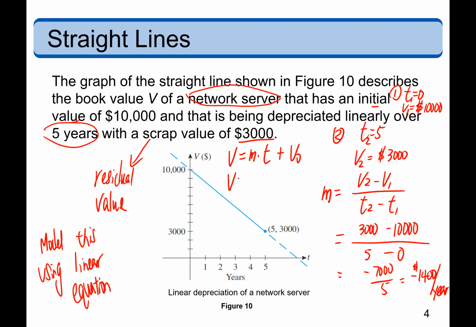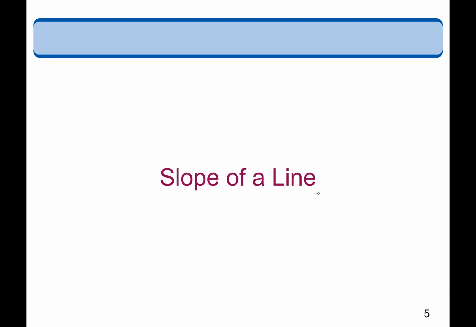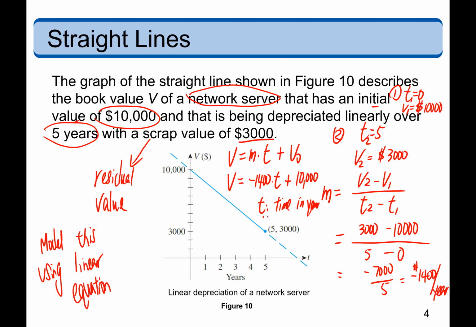So the value of the machine after any year should be negative 1,400 times time plus V0. The initial value of the machine is $10,000, so plus 10,000. Here T represents time in years, and V represents the remaining value of the machine.